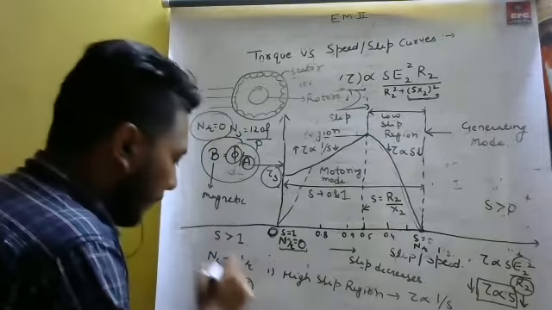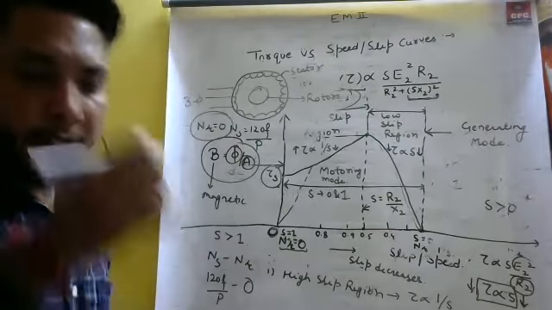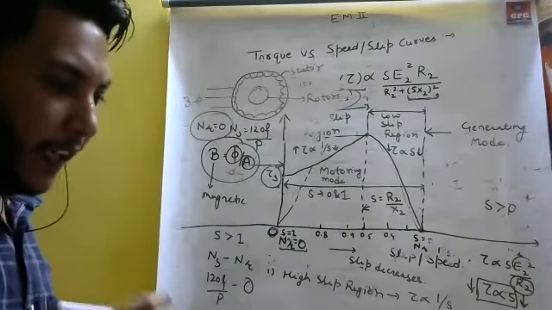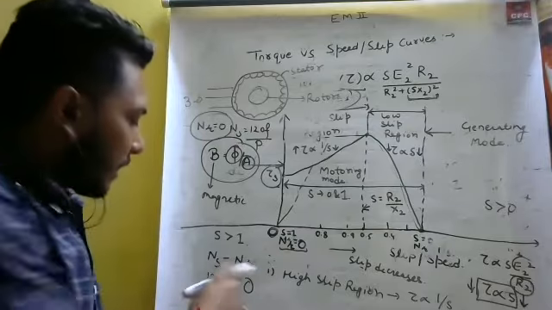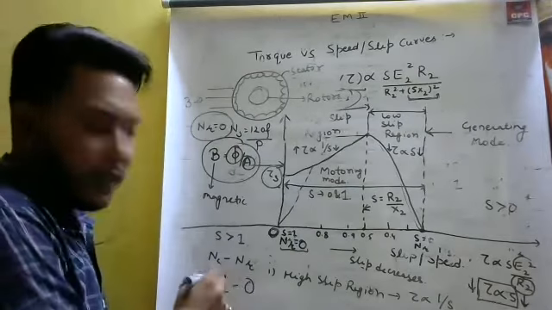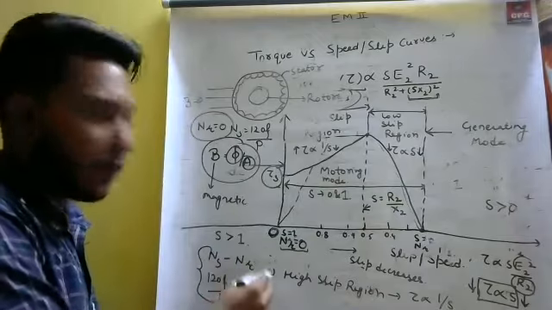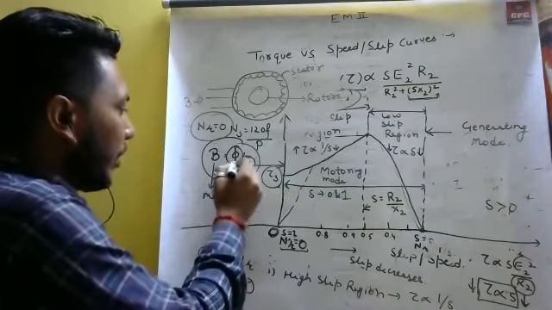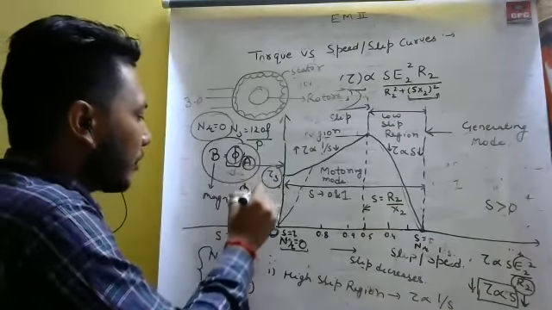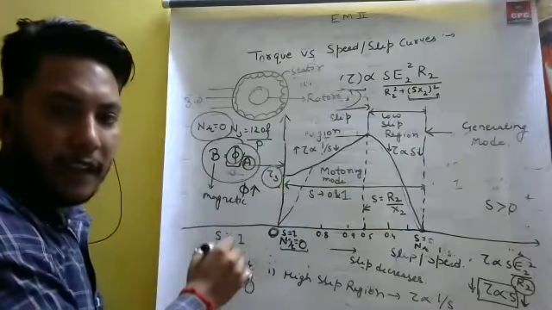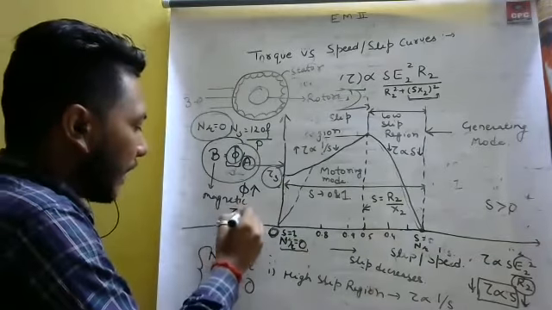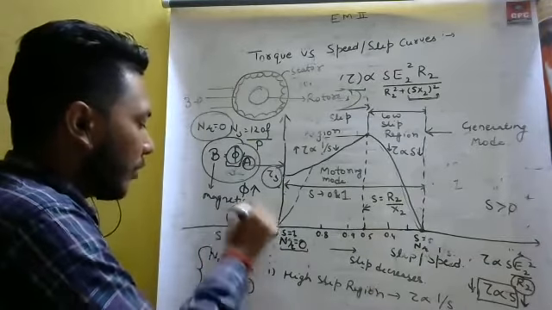If the relative speed between stator and rotor is very high, then the flux cut is also high, because there is a very high relative speed between the stator and the rotor at starting. So the flux cut is very high, and then the starting torque is also high.